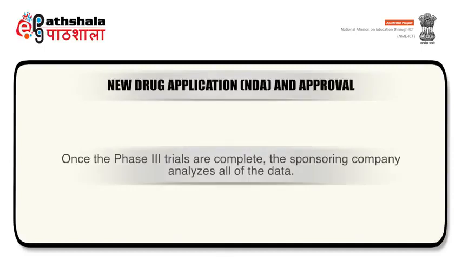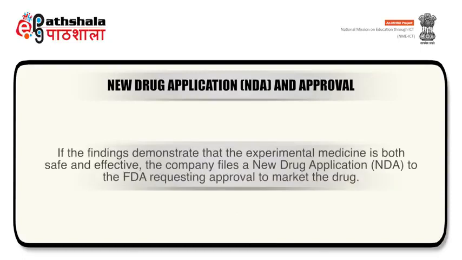Once the phase 3 trials are complete, the sponsoring company analyzes all the data. If the findings demonstrate that the experimental medicine is both safe and effective, the company files a new drug application to the FDA requesting approval to market the drug.